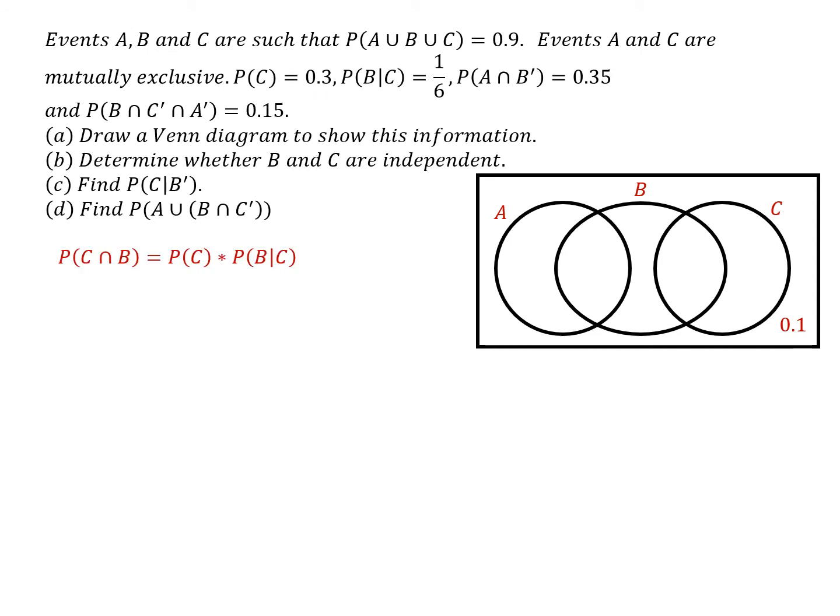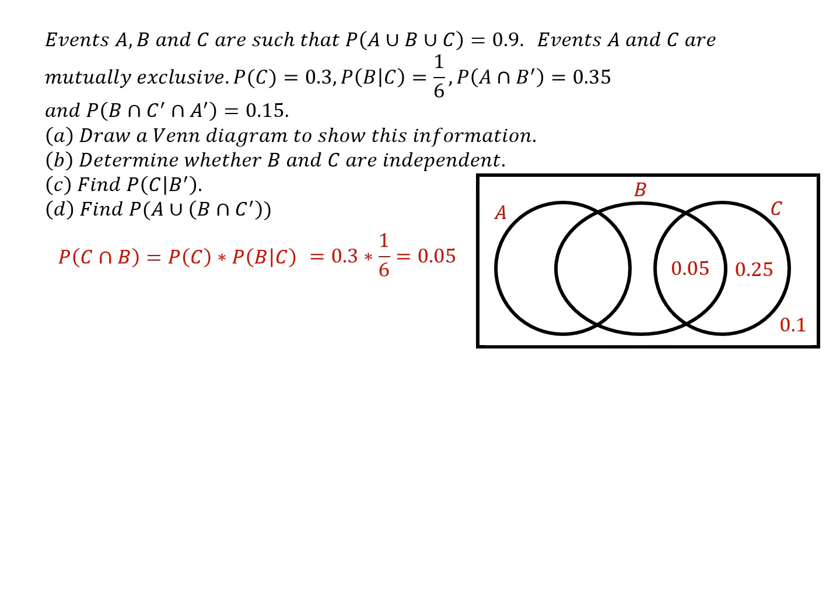So we can use this formula here to calculate the probability of C and B. The probability of C and B is 0.05, and that's this sector here. And because the probability of C on its own is 0.3, this bit here must be 0.25, because the probability of C adds up to 0.3.